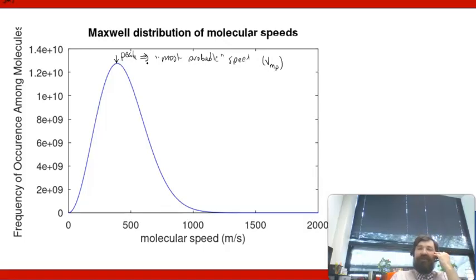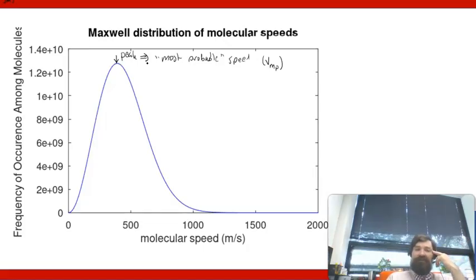It's worth noting that there isn't necessarily any molecule that has this exact speed, but if you wanted to figure out how many molecules have very nearly this speed, this is the choice that gives you the largest number of molecules.